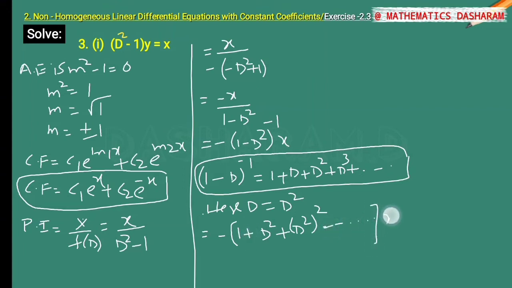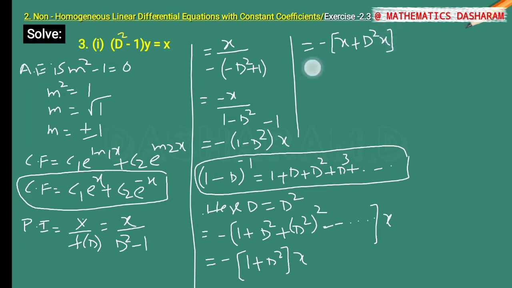So here ignore the highest two derivatives, so only (1 + D²) into x. Now multiply x inside: x + D²x, minus. x + D²x means the derivative of x two times. So two times the derivative is definitely 0.